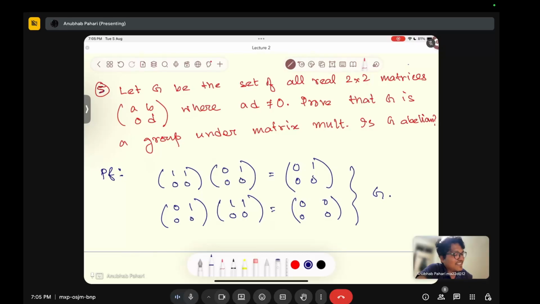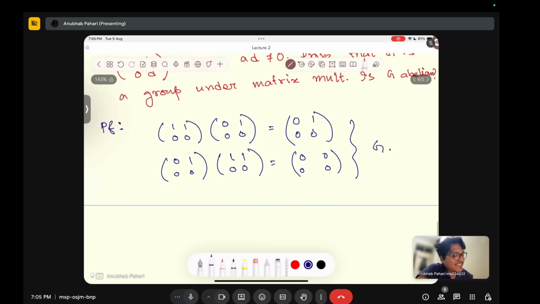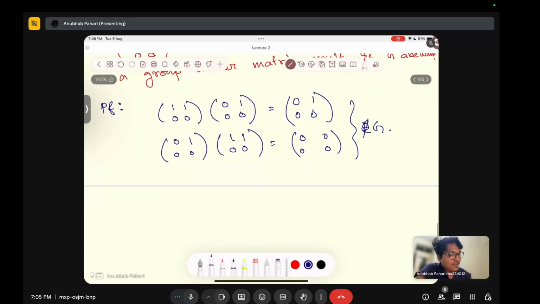Nice observation. So they do not belong to G. Should I say it? You say it. So 1202 and 1305.